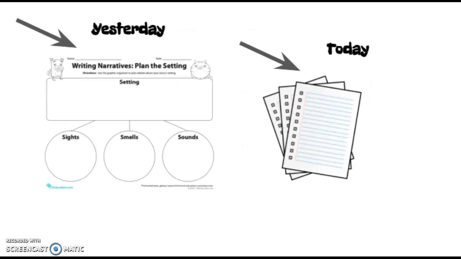So what you're going to do today is you're going to take this planning page, okay, and those words that you chose, which might be on this planning page, or it might be in a sticky note. And you're going to take those and you're going to put them onto lined paper. This could be in your notebook. It could be a scrap piece of paper that you have.